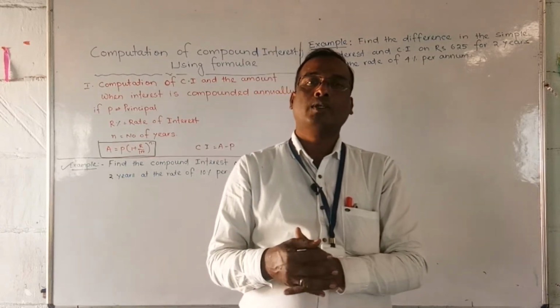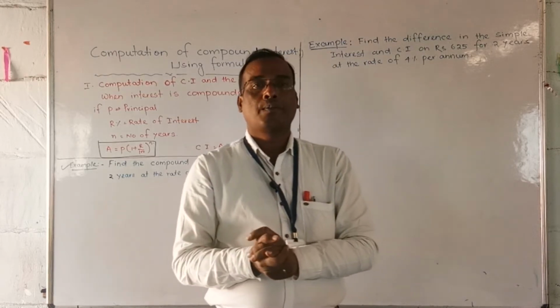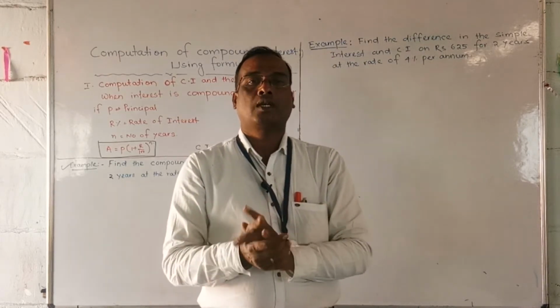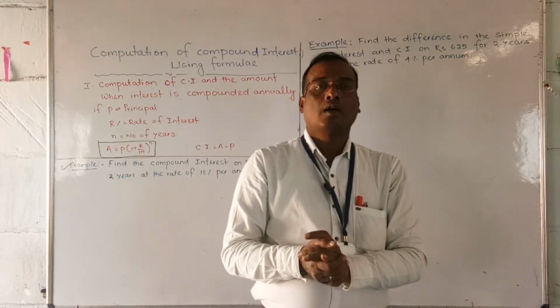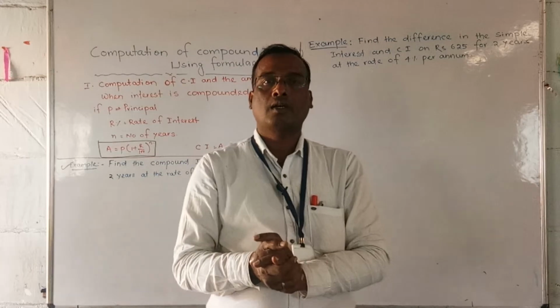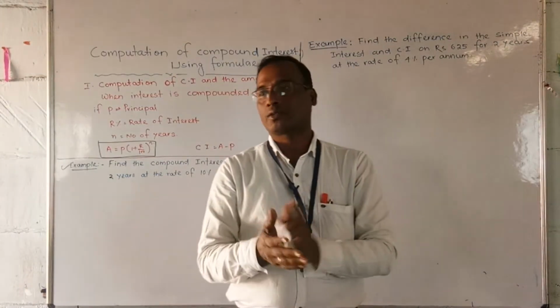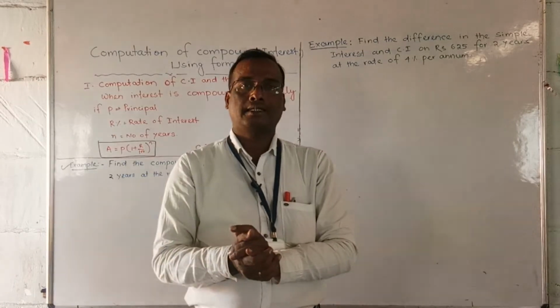Or we can also say compound interest is equal to P times [(1 plus R by 100) to the power n minus 1]. Are you clear, students? So let us start.